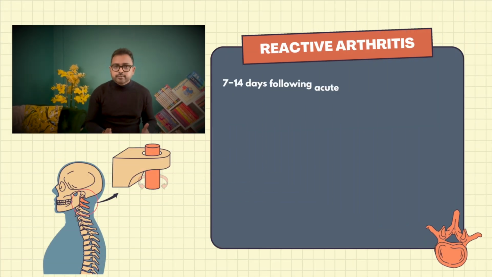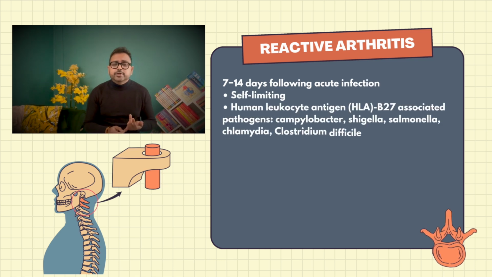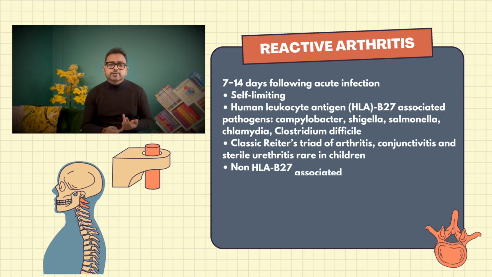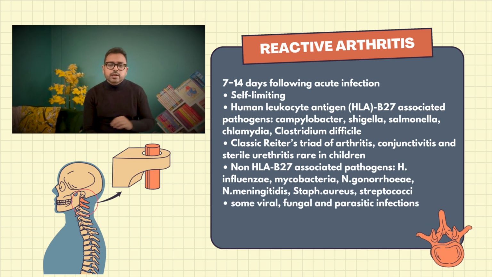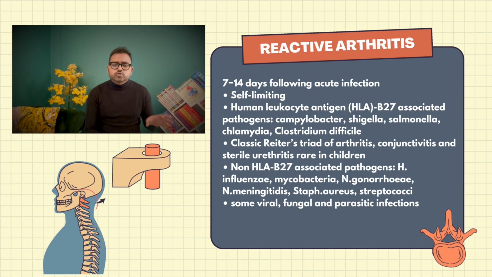One of the common presentations in emergency as well as outpatient with joint pain is reactive arthritis. Most of the time it starts happening 7 to 14 days after infection. Some are HLA-associated pathogens like chlamydia, clostridia, shigella, salmonella, and some of them are non-HLA-associated pathogens like streptococcus, staphylococcus, mycobacterium, and some other infections.